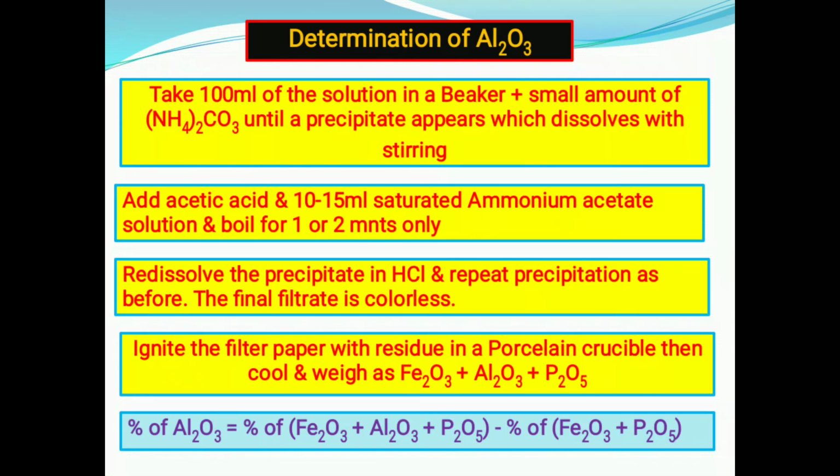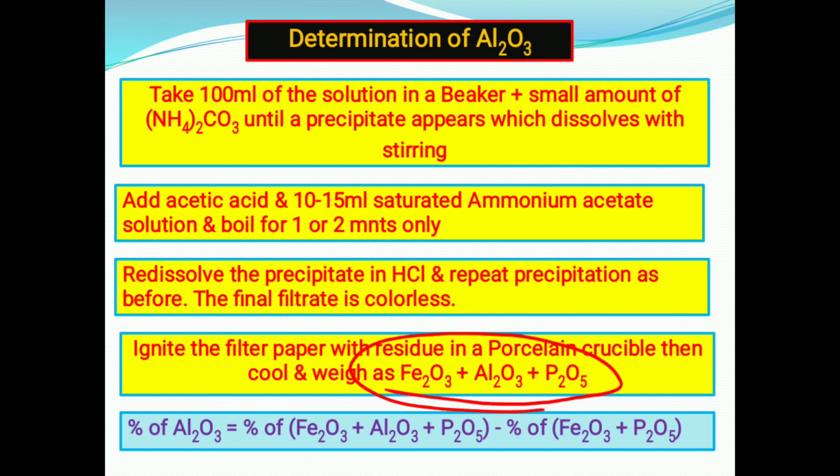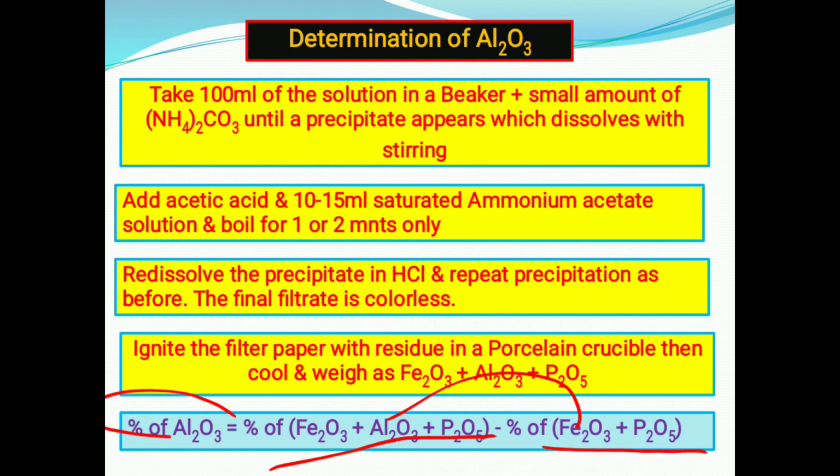Next, determination of alumina. In this you need to add ammonium carbonate and saturated ammonium acetate, then it can produce combined precipitate. After ignition, you can get the combination of oxides. They are Fe2O3, Al2O3, and P2O5. So you have this percentage, and you have percentage of Fe2O3 and percentage of P2O5 individually. So the subtraction of these two will give the percentage of alumina.